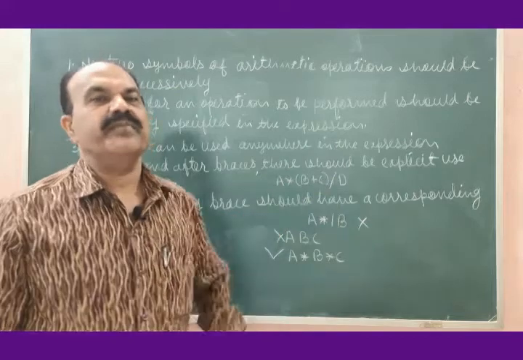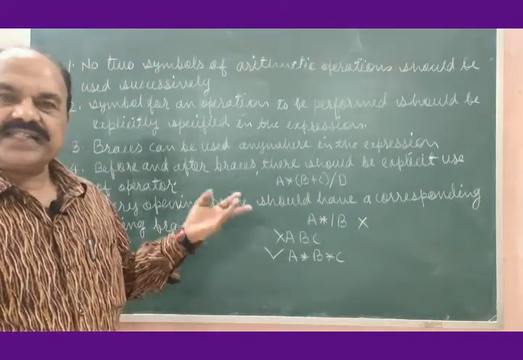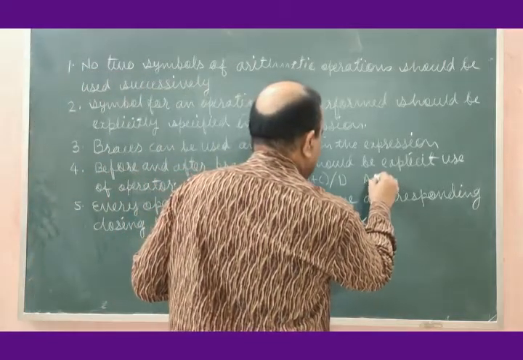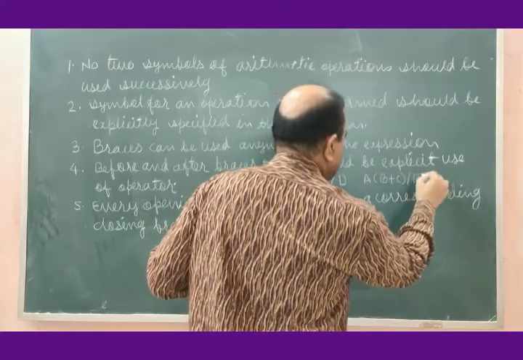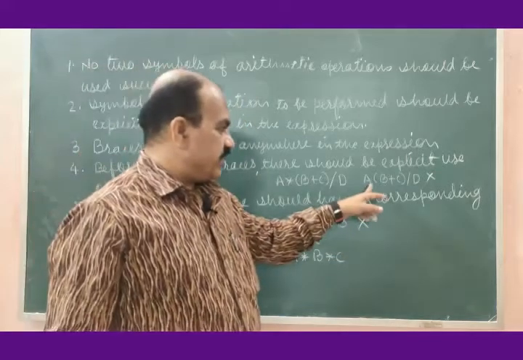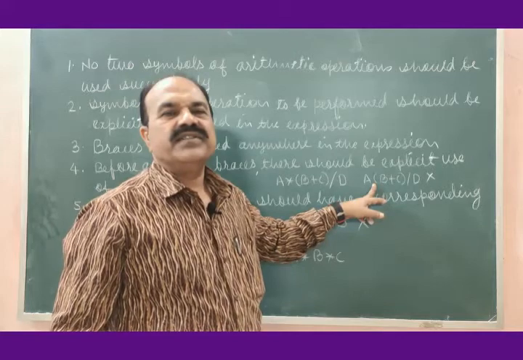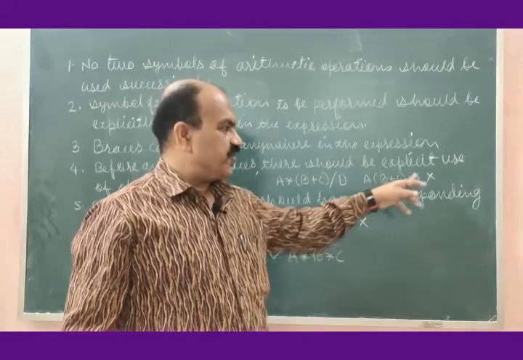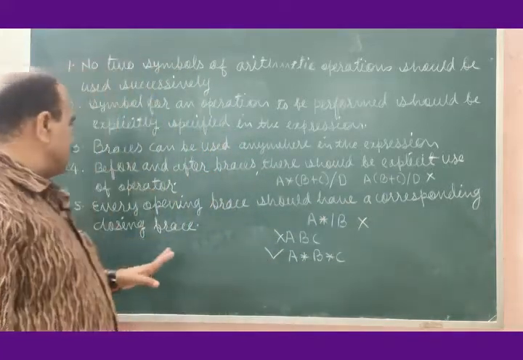It is a must, it is compulsory. If you do not write this way, the expression will be wrong. For example, if I write this as A into B plus C divided by D, this is wrong, because here I have not used the operator for any arithmetic operation.